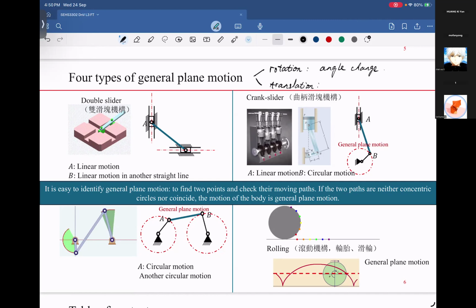When point A slides along this rack, and point B slides along another rack here, therefore the linkage AB is in a general plane motion.